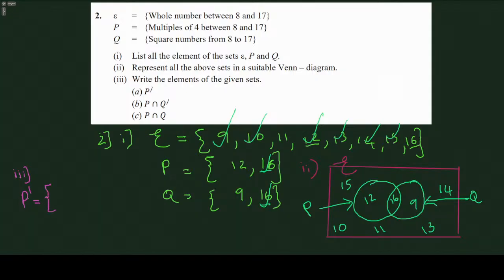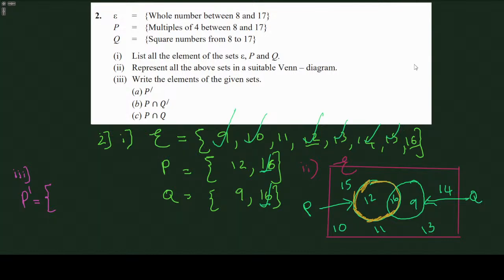It's quite easy to do this question if you look at the Venn diagram. So what are the elements that are outside P? So let me draw the perimeter of set P in orange. So what are the elements that are outside this orange circle?